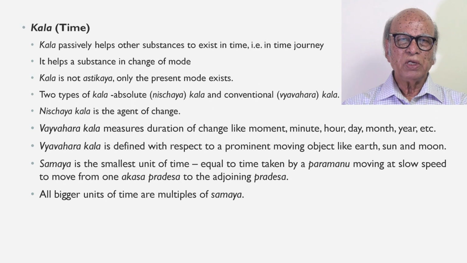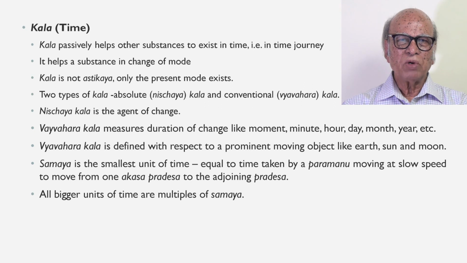When it is moving at a slow speed and goes from one pradesh to the adjoining pradesh, this duration is known as samaya. I'll repeat again. The time taken by a Paramanu to move from one pradesh to the adjoining pradesh is known as samaya. So samaya is a very, very small unit of time.